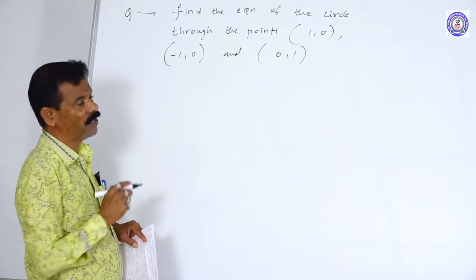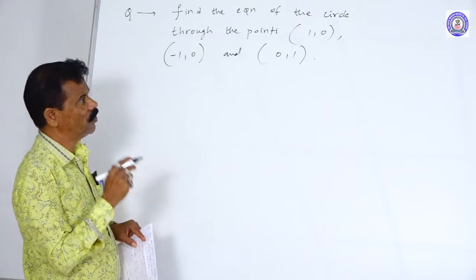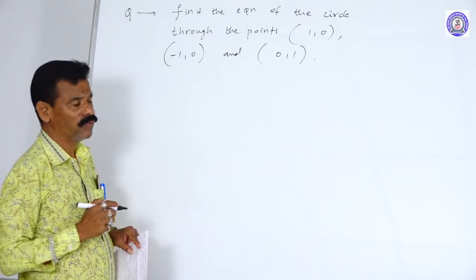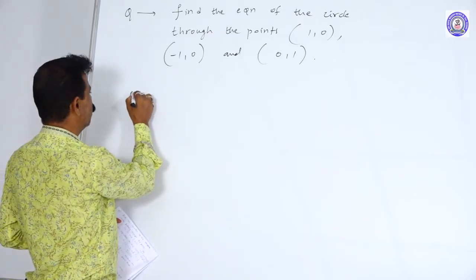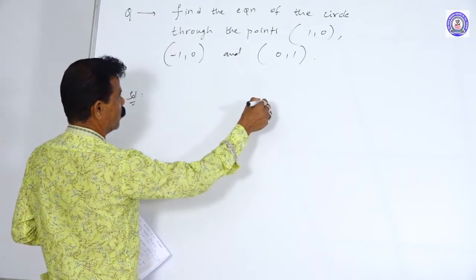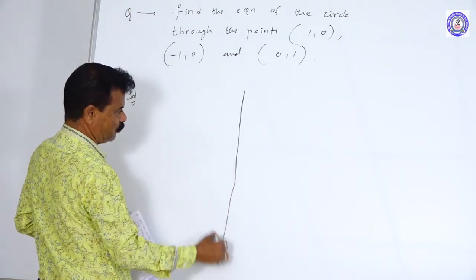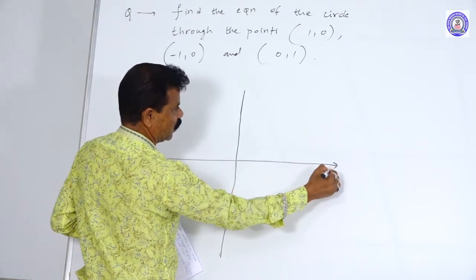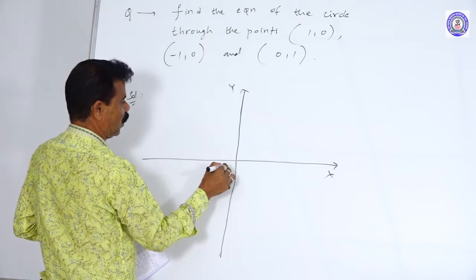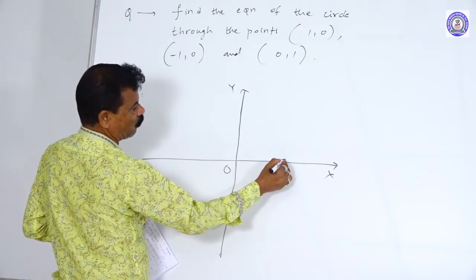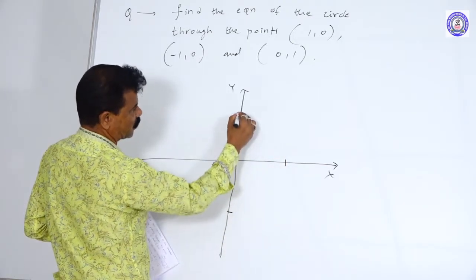Here the points are simple, so it is easy to draw the graph. By the graph we find the solution. Taking the x-axis and y-axis with the origin, take 1 unit on the x-axis and y-axis.